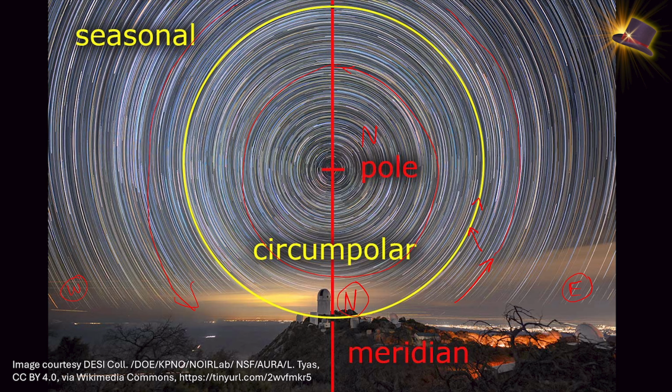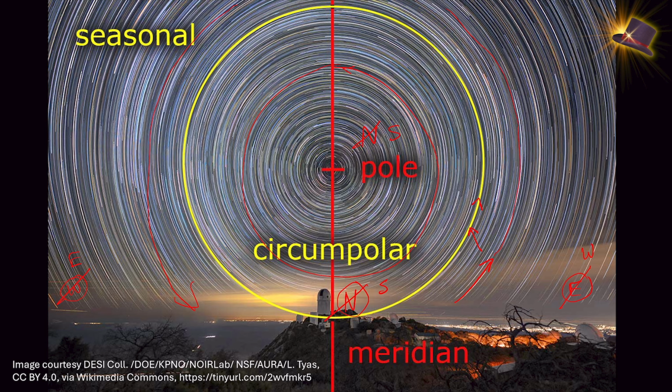So now these observers, as we talked about before, are looking south. So instead of north, we're going to be looking south. Instead of the North Pole, we're going to be looking at the south celestial pole. And now if we're looking south, then this direction must be west, and this direction must be east.